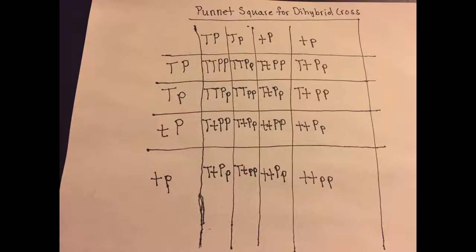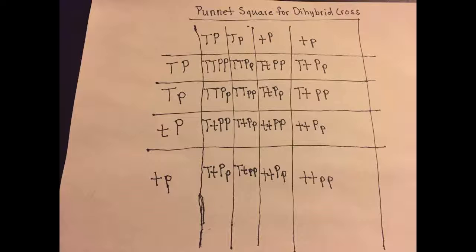So here is the filled out Punnett square. You may have already done this, or if you're waiting to see it, here it is. So we see that the whole square itself is 4 by 4, so there are 16 boxes, and this means that there are also 16 different genotypes, and these genotypes are what correspond or make up a certain phenotype, or the physical expression of the gene.